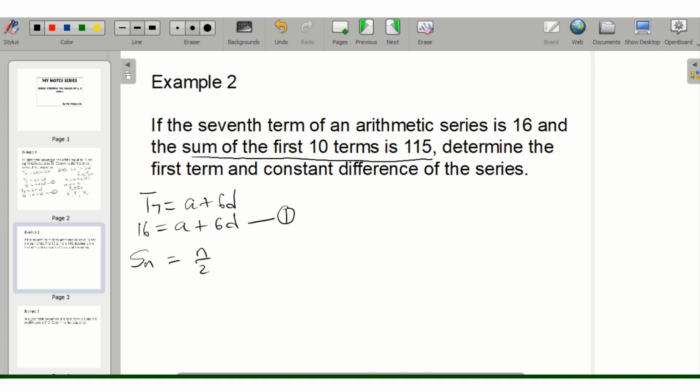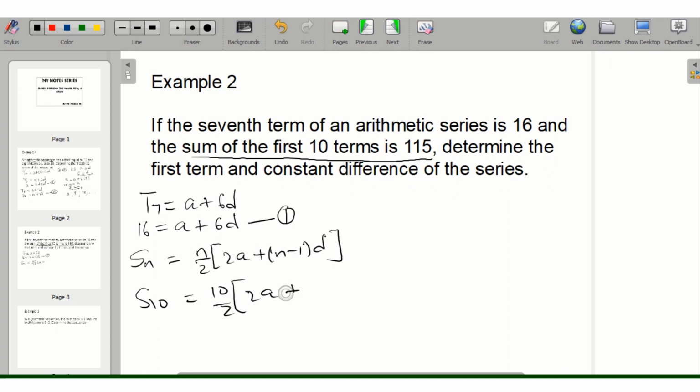However, you can think about this in a slightly different approach. You still have 2a, and then n minus 1 times d. So the sum of 10 will be 10 over 2 into 2a plus 10 minus 1, that's 9d.